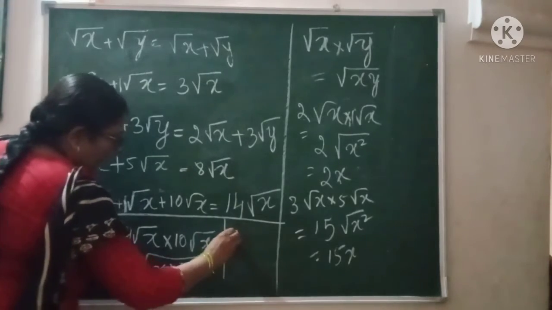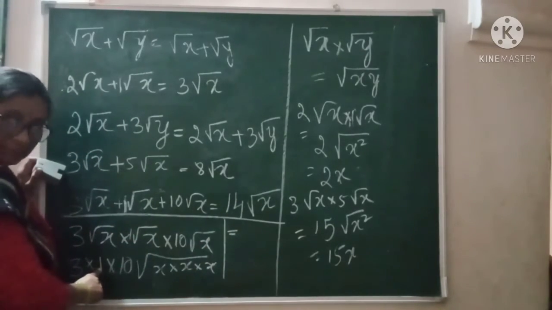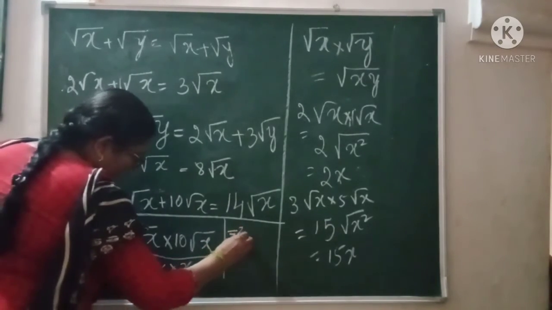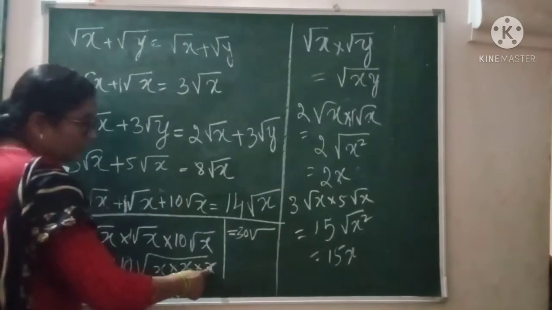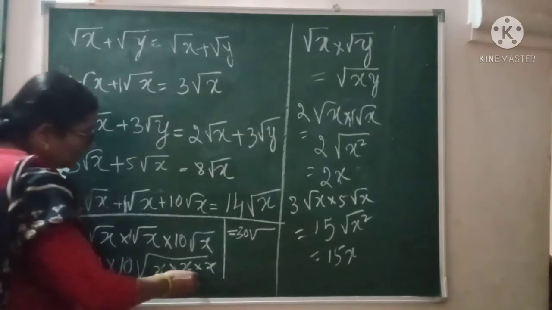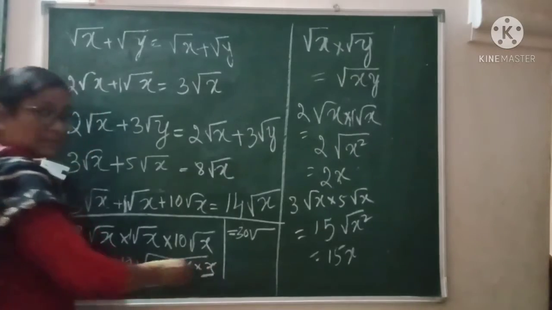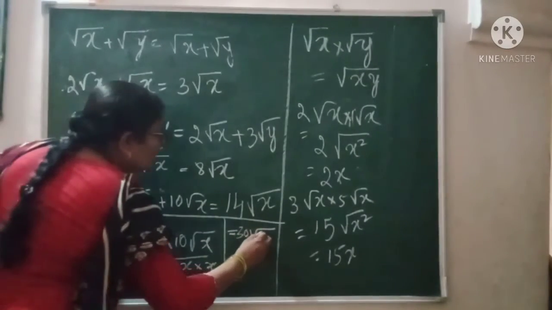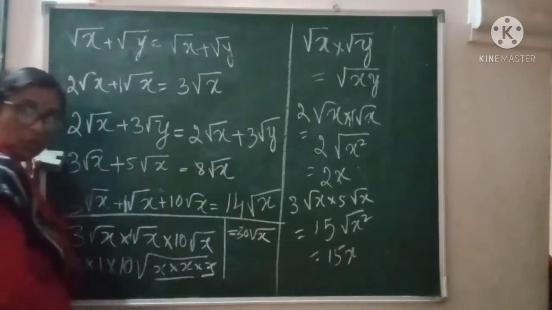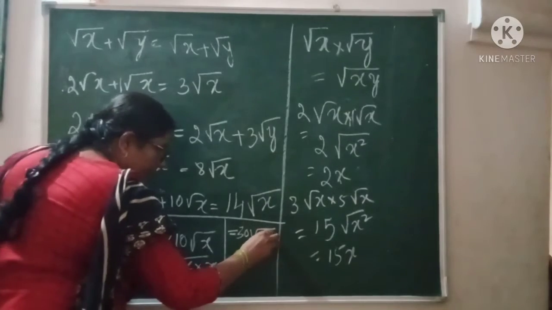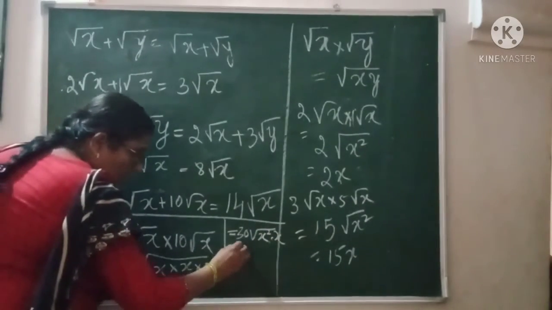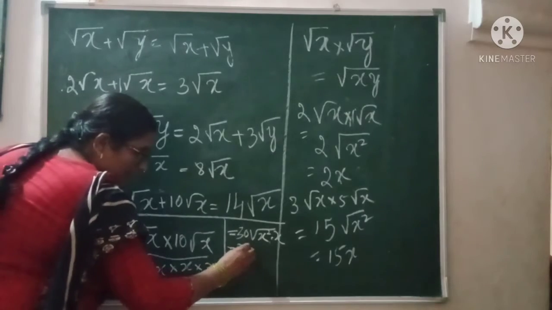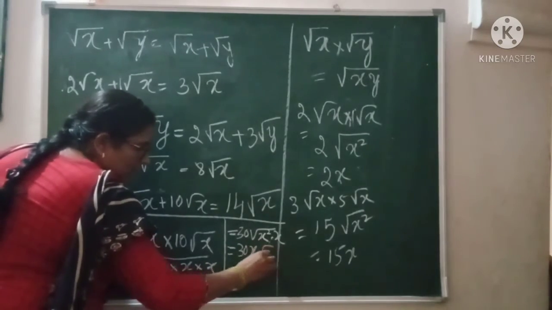This can be written as 3 ones are 3, 3 tens are 30, root of x into x into x, it is x cube. This is x square. X square into x is x cube. And here I am not writing x cube. I am writing this as x square into x, as square root of x square is x, root x. This way.